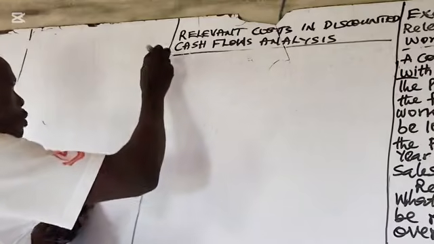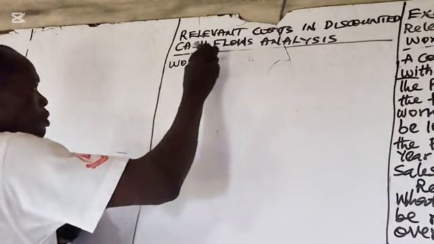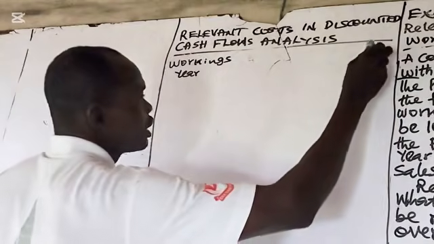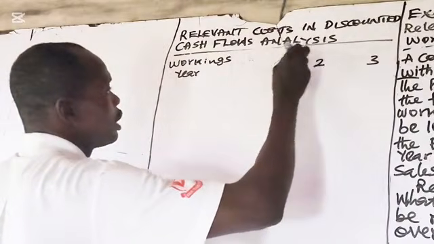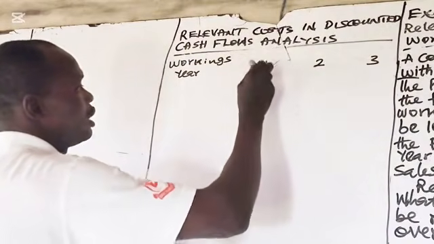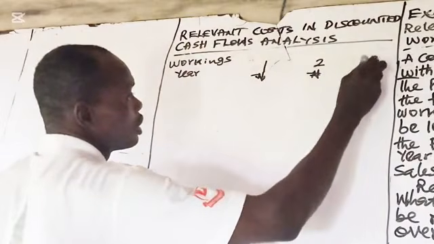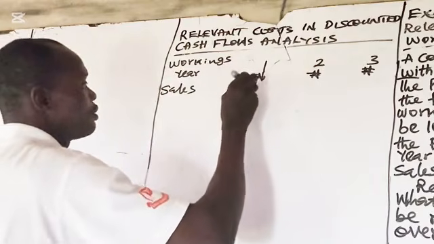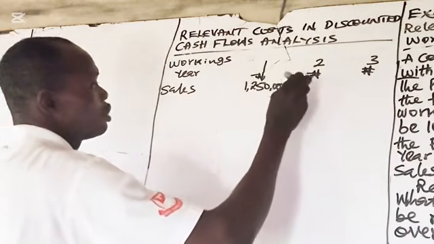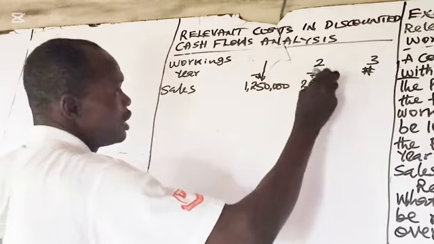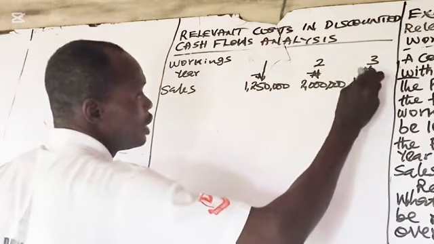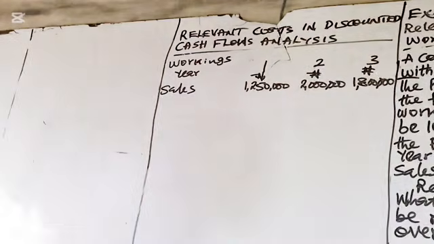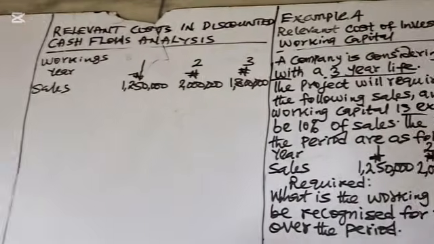Let me have workings. We have 3 years involved, year 1, year 2, and 3. You are given sales for each of the years. Year 1, 1,250,000. Year 2, 2 million. And year 3, a sales of 1.8 million. And you were told that the working capital is 10% of sales.